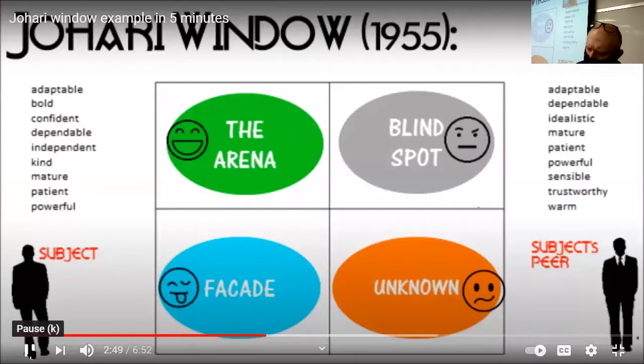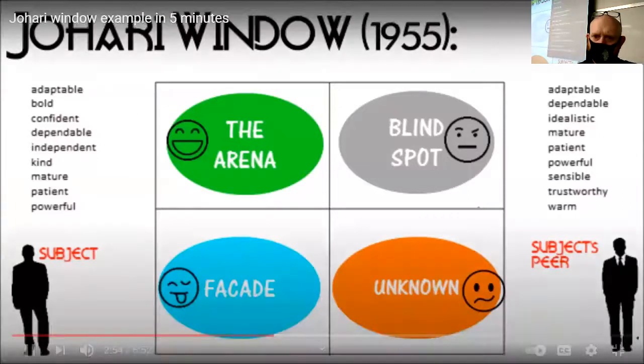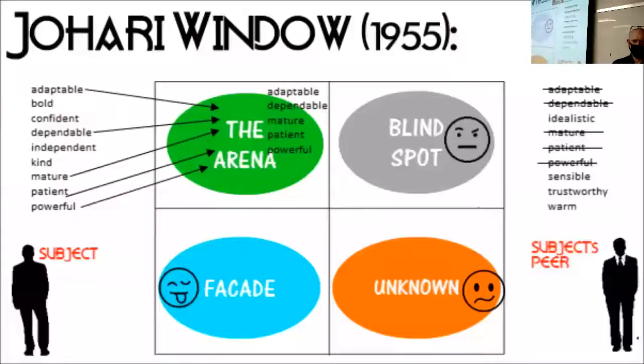The purpose of this activity is focused on one person, the subject, and the peer also focuses on things that describe that subject. Then you go through a process of comparing those two lists to see where they differ. So in this case, we've started off with the things that are the same between what the subject perceives to be their own attributes and what their peers also perceive to be their attributes.